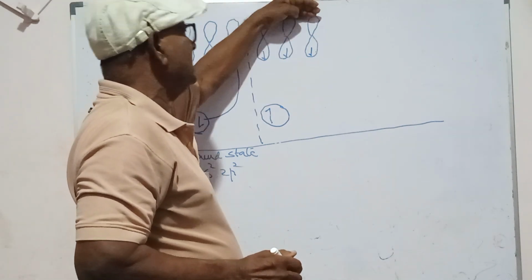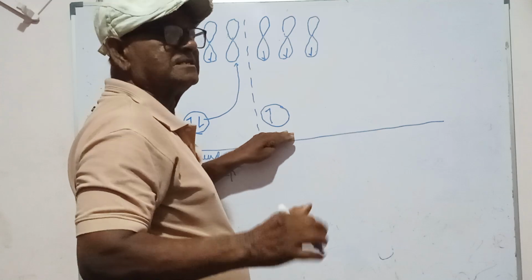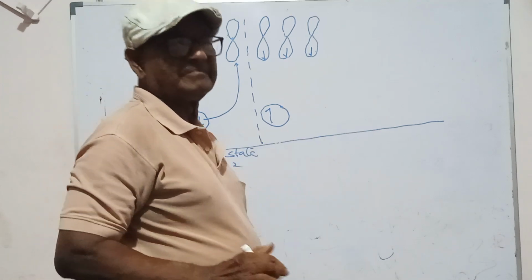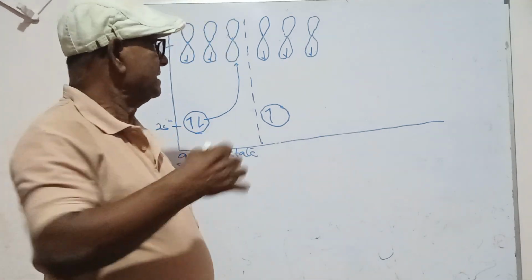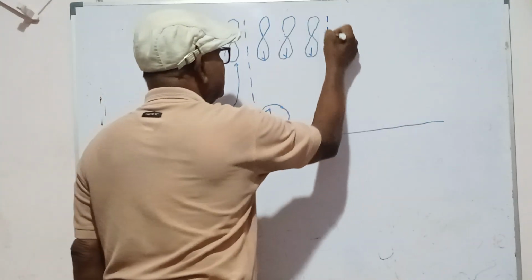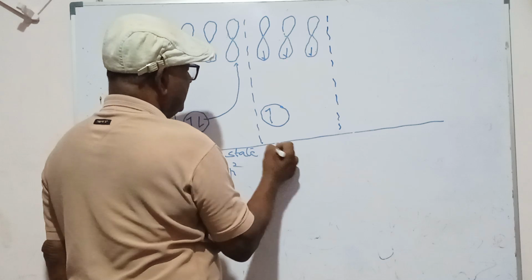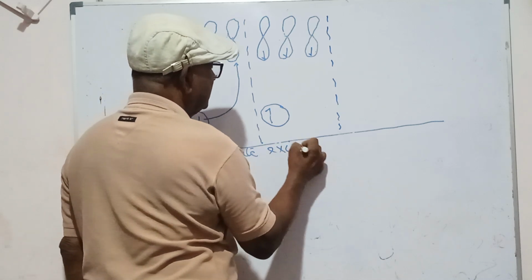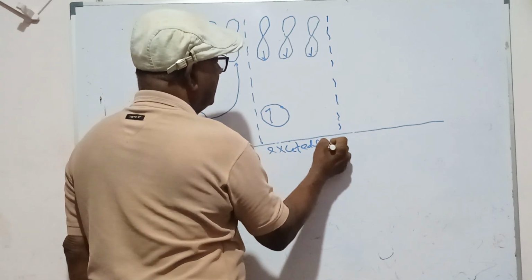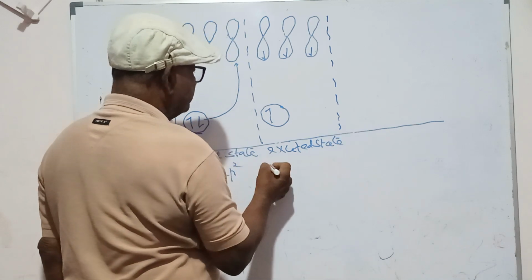These three are dumbbell, this is spherical, right? Then, after the excited state, what is the configuration?